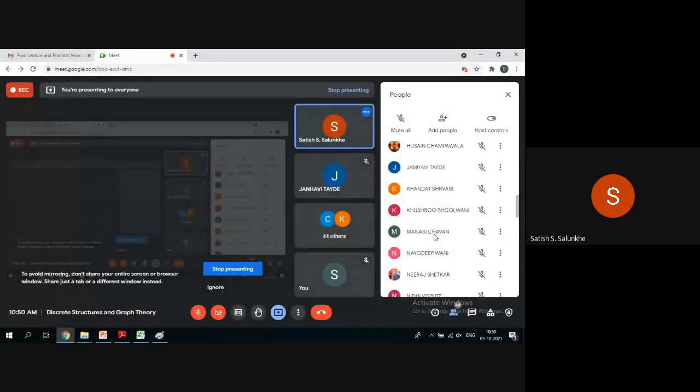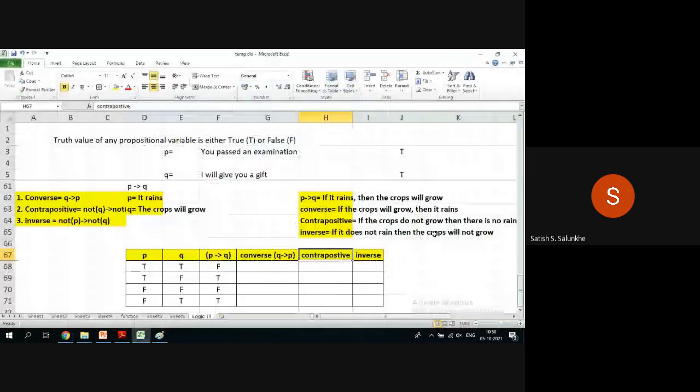Mansi Chavan, unmute yourself. So, what is the converse? What is the truth value here? If P is true and Q is true, Q implies P is true. Then what is this? Second, true.